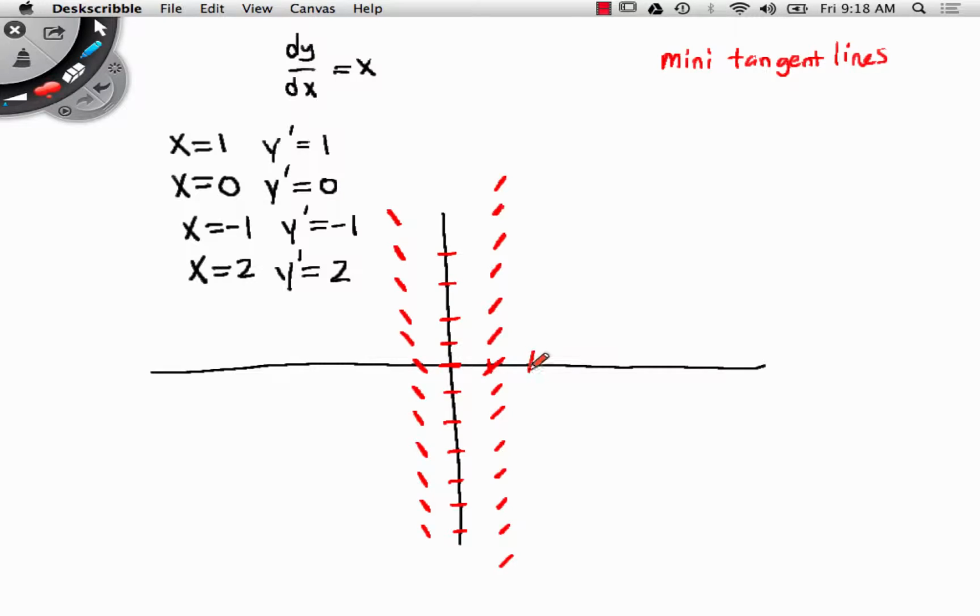So it can go like this, or this. And if x is -2, then the slope is -2.